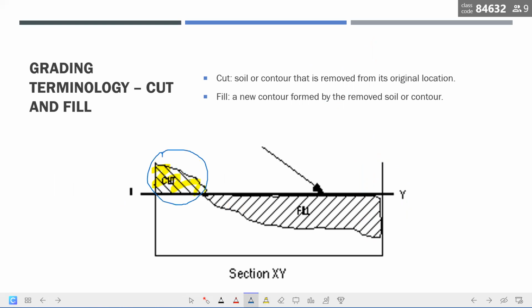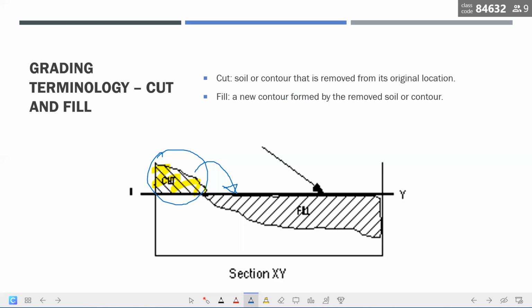You might need to remove this, and if enough is removed, then you can actually use it to fill up the adjacent area, to create a flatter surface, or a more workable surface. And this activity where you bury a contour is called fill.